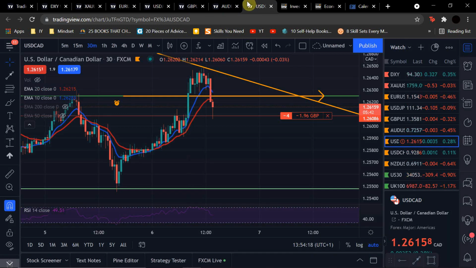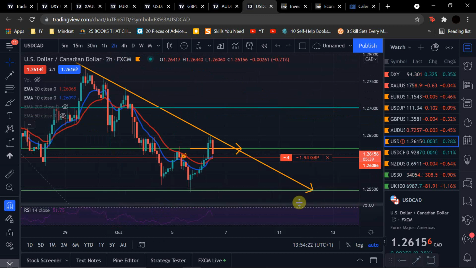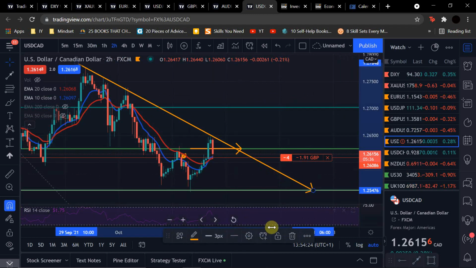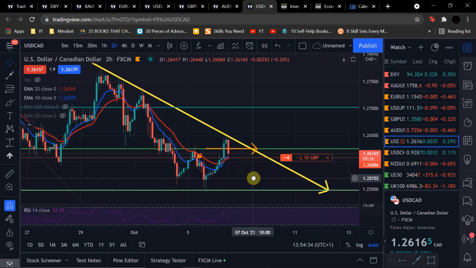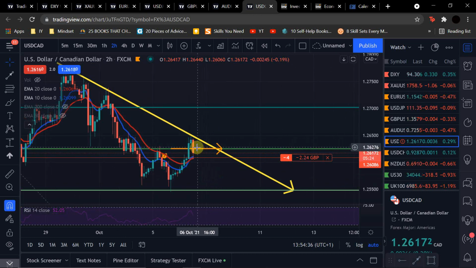USD CAD. So look, stop loss is here, take profit is here.